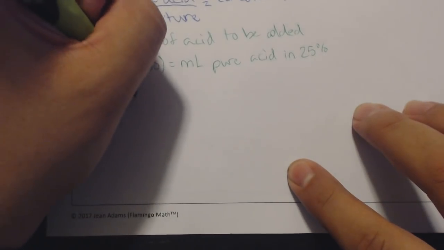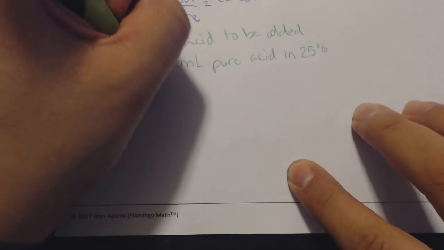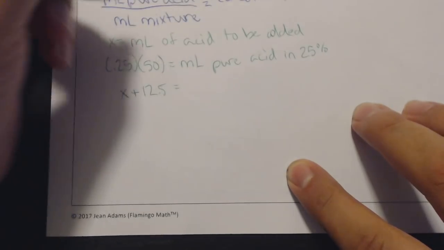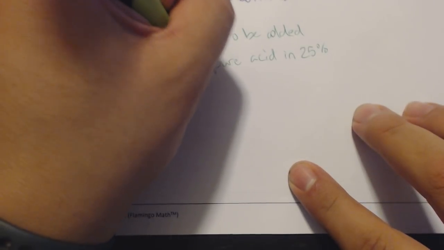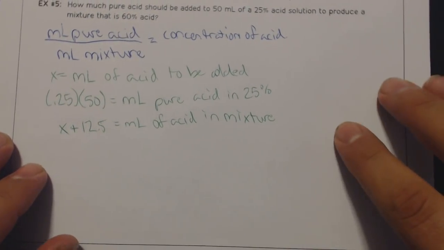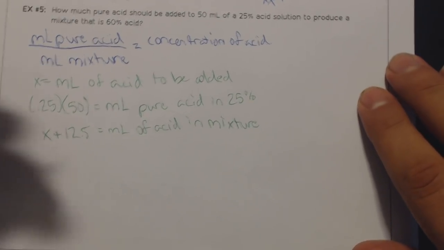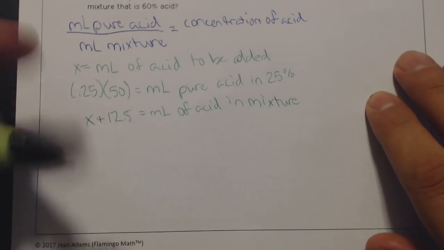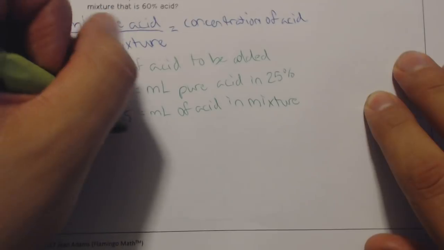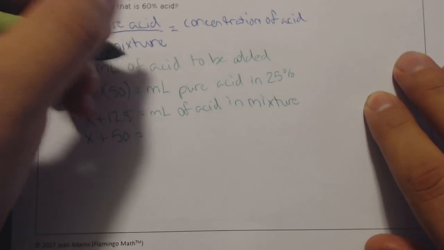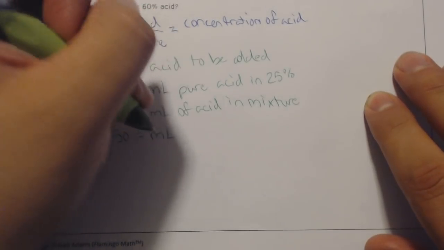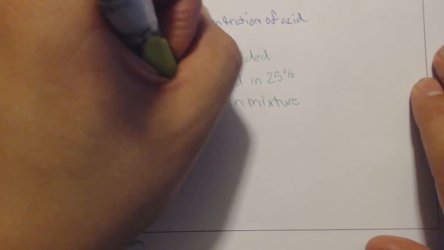I can say x plus 12.5 is equal to the milliliters of acid in the mixture. And we can also say that x plus 50 is equal to the milliliters of resulting mixture.